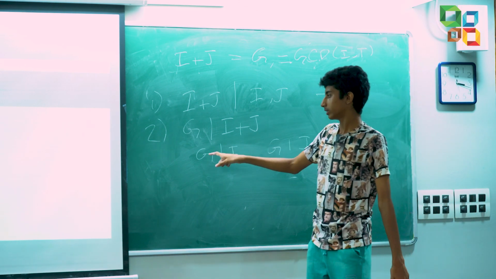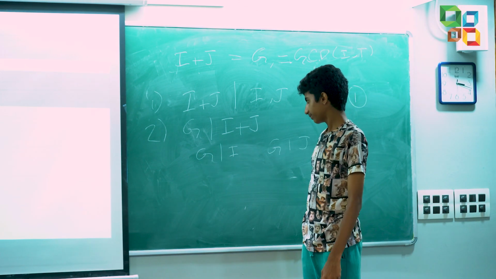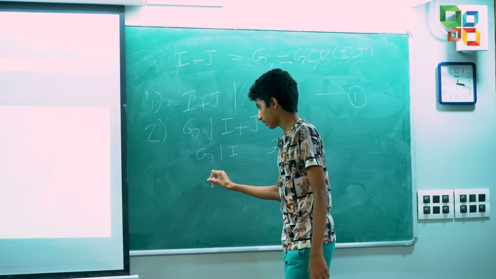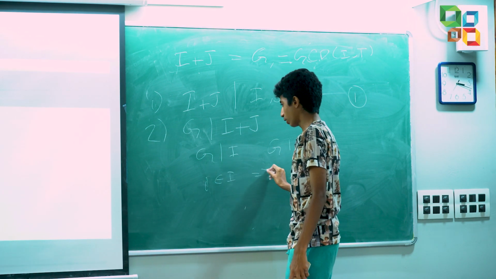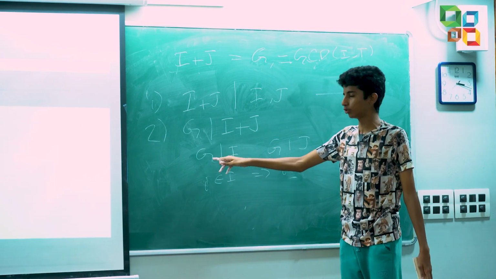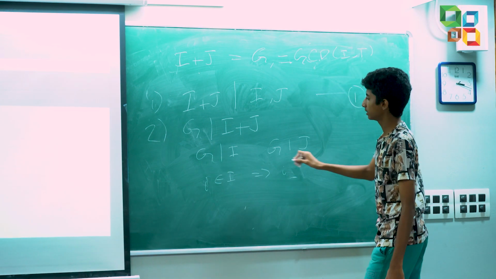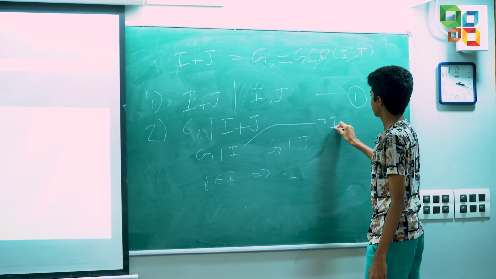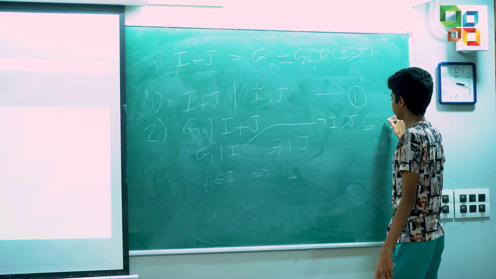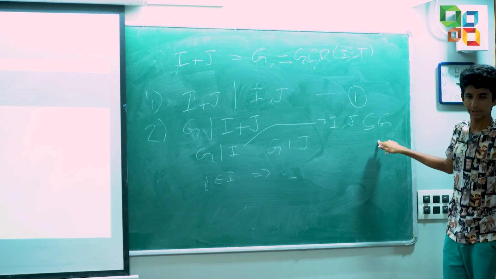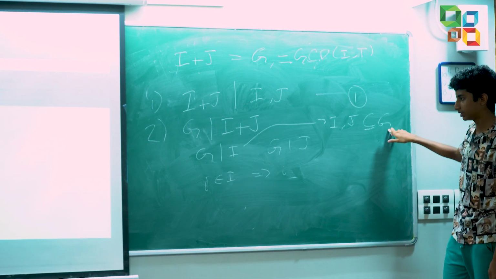But wait, G is an ideal, right? So for every I belongs to I implies I belongs to G, right? Because G is a superset of I. I comma J are subsets of G by definition. So every element in I and J is there in G.